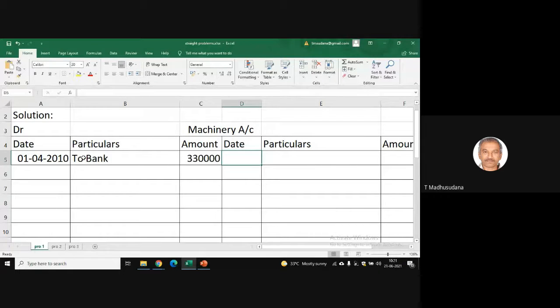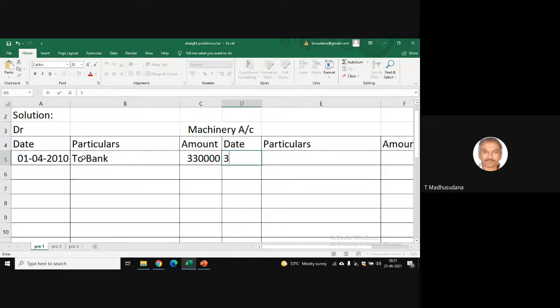Next, in the first financial year, financial year means April 1st to next year 31st March will be the last date. So at the end of the year, they will calculate the depreciation, and the depreciation is credited in the asset account.